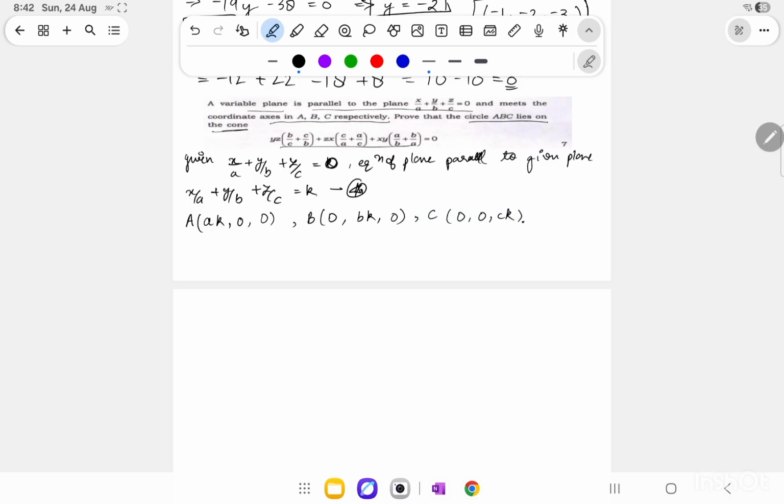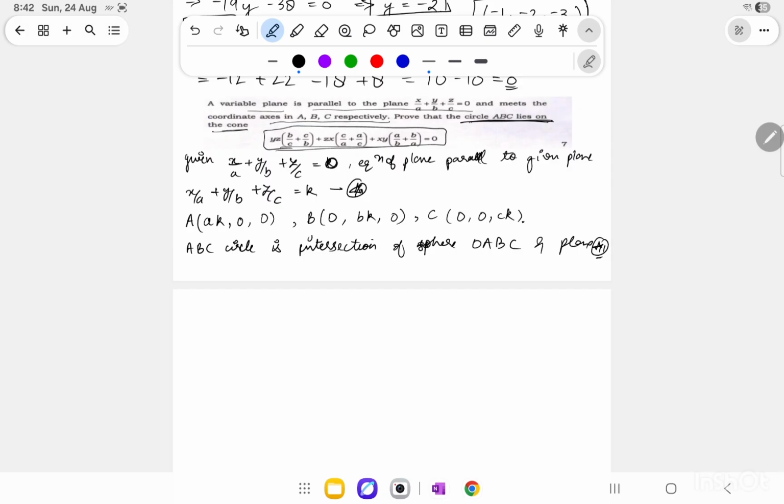We are supposed to prove that the circle ABC lies on this cone. So we can find the equation of the circle ABC. The circle ABC is basically the intersection of the sphere OABC and the plane star 1.